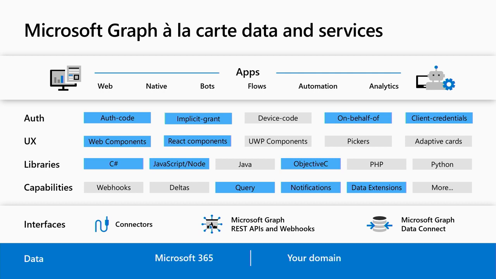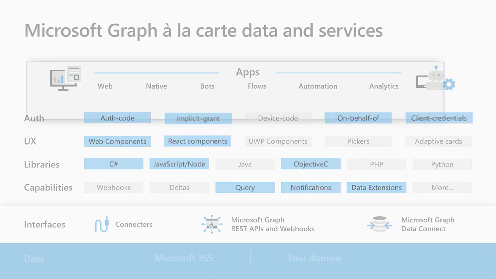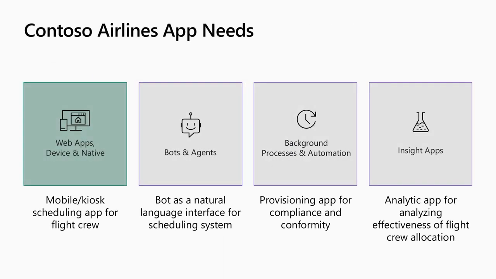But this isn't everybody. This isn't everything. But we are only one of 4 sessions. We're the first session talking about rich interactive experiences, but tomorrow there'll be a session on bots and agents, background processes and automation, and insight apps.